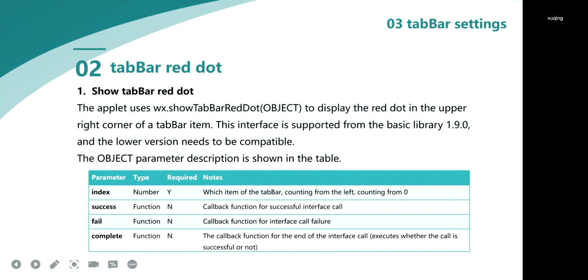Index shows which item of the Tabbar, counting from the left, counting from 0. Success, fail, and complete are similar to other methods.